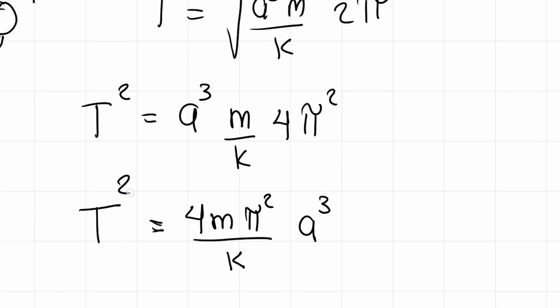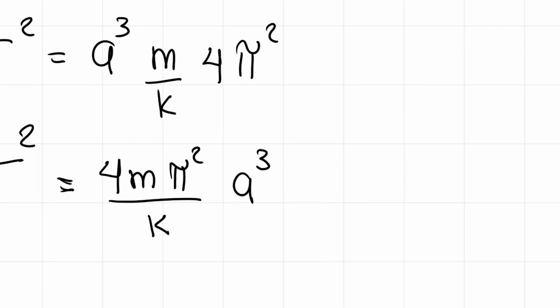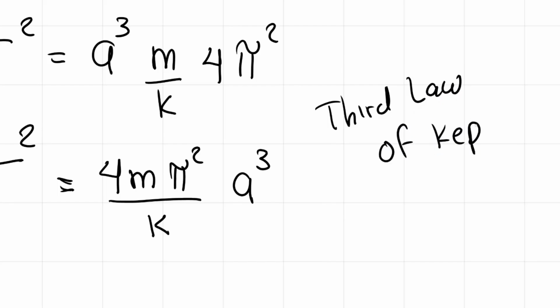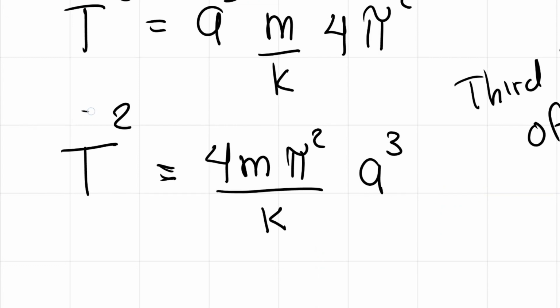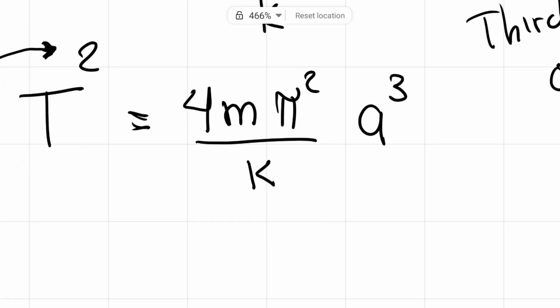Look, this is actually already Kepler's third law. It says that the square of the time that it takes the Earth to give a turn around the Sun is equal to a constant times the major semi-axis of the ellipse of the Earth raised to the third power.